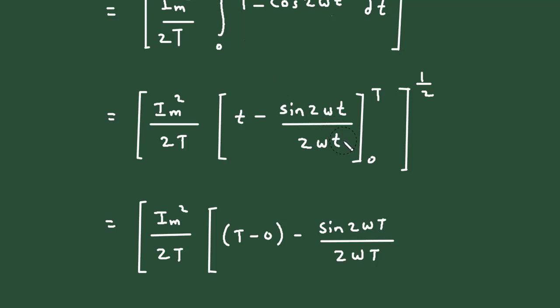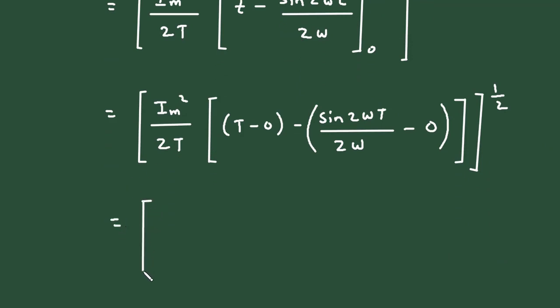So here it will be only 2 omega. Here also this will be 2 omega. Now this is correct. So upper limit is capital T, then lower limit is 0. So sine 2 into 0, so sine 0 will be 0. So we will skip this term, or let's write this for understanding purpose. Then to the whole power 1 by 2.